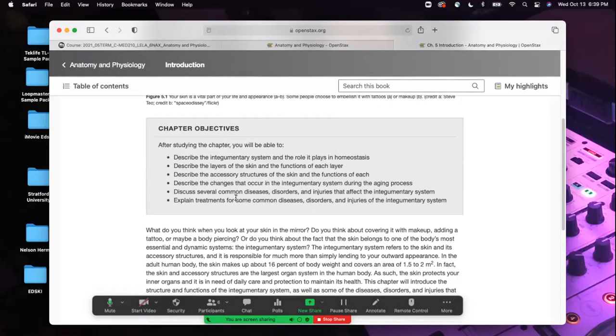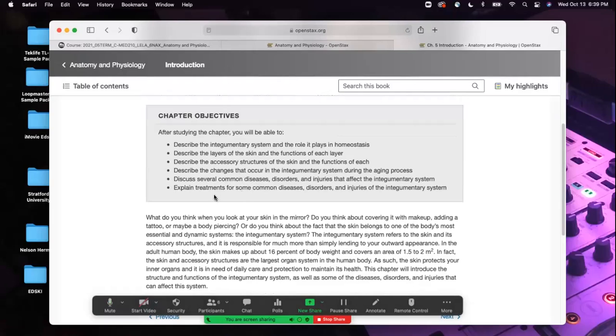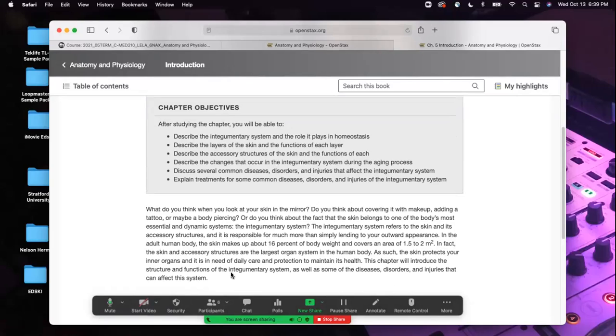So the integumentary system. Let's look at our objectives. Now, for those of you who already had me before, please bear with me. You know I always say the same things. If you want to fall asleep, if you want to be bored, and I know my lecture and anyone's lecture is not a blockbuster film.